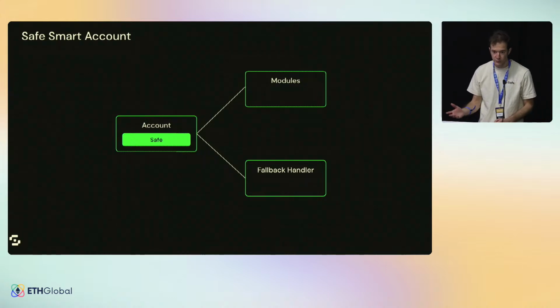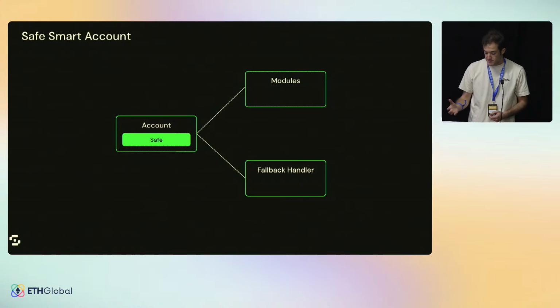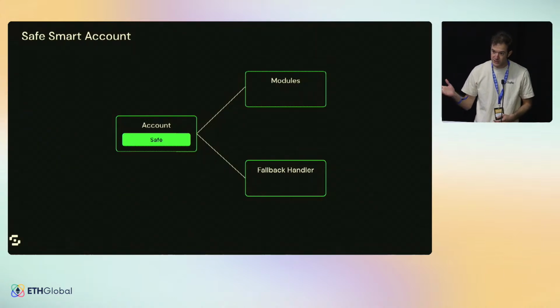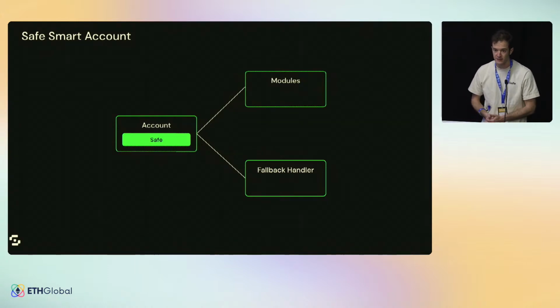There are some more that we will not cover in this workshop, but here, for example, modules allow you to extend the functionality of the SAFE by implementing some logic in this module, and modules have access to execute transactions in the SAFE. They can be used, for example, to implement recovery mechanisms, different ways of authentication, and very soon we will see how they will help as well integrating the 4337.